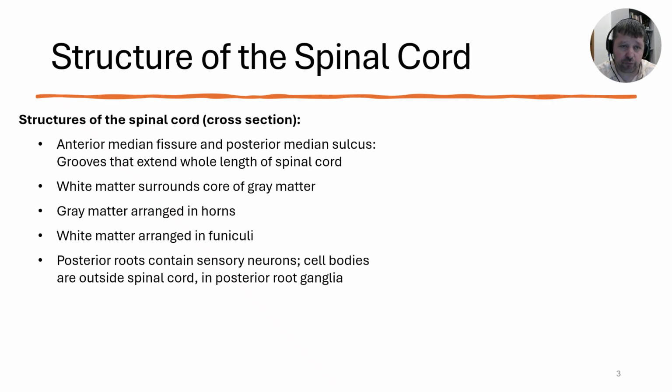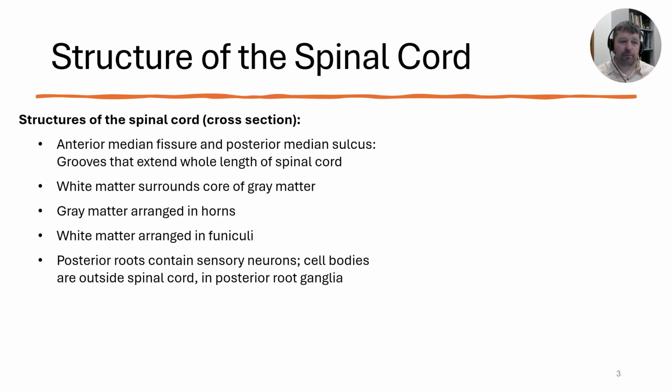The gray matter is arranged in what we call horns. The white matter is arranged in the funiculi. And there are different regions of horns. We'll talk about what region serves what purpose in a second. Again, there are also some specialty structures outside of the spinal cord.